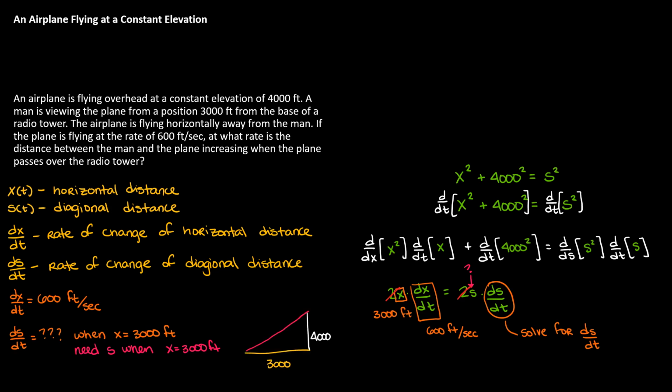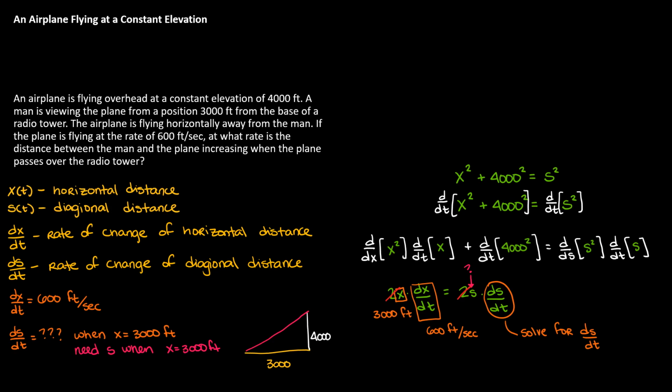We can. In fact, we can just draw that right triangle from the last snapshot in time. We know that the horizontal distance is 3,000 feet when the airplane is above the radio tower. We know the airplane is always 4,000 feet above the ground. We just need to find the diagonal distance at this snapshot in time. This happens to be a 3, 4, 5 triangle.